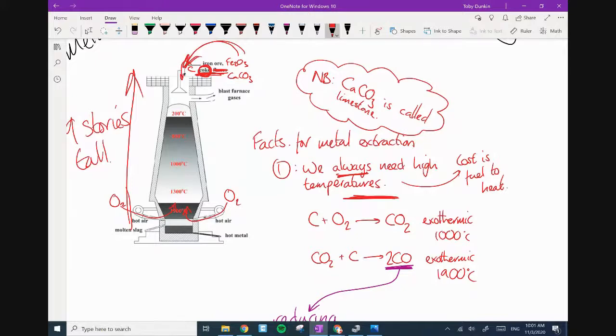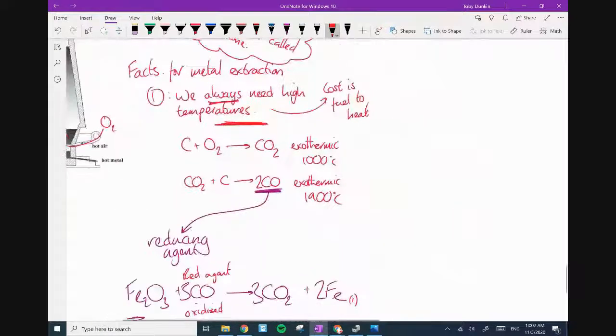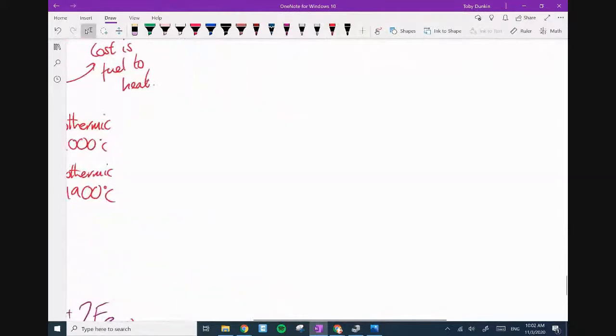They feed in rust, iron oxide, they feed in hematite, they feed in carbon in the form of coke, and they feed in loads of limestone as well. If you're interested in what the limestone is doing, just for those people who like the extra, the limestone goes in, and the limestone actually reacts because it's a base.